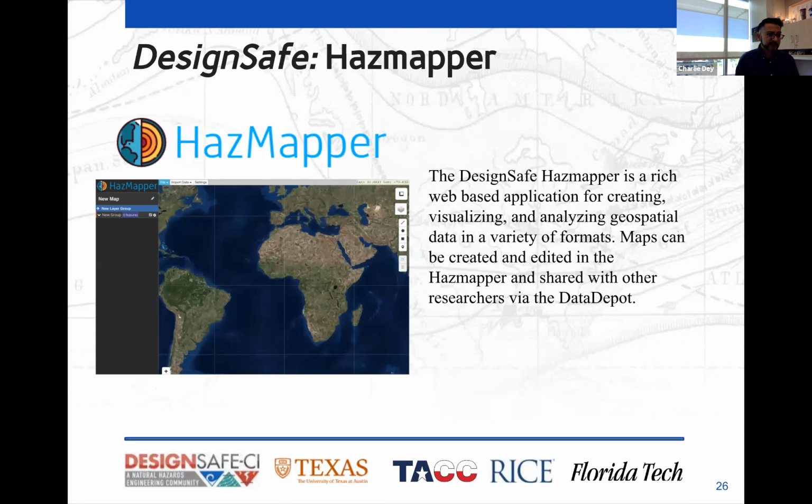So HouseMapper is kind of a web-based application for creating, visualizing and analyzing geospatial data. Essentially, you can create maps, you can geolocate photos. So if you take pictures with geolocation turned on, when you upload those to HouseMapper, it'll automatically put those photos at the longitude and latitude that is connected to the geospatial data on the photo.